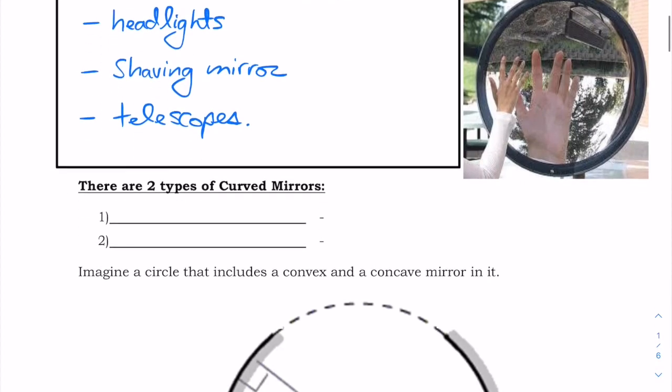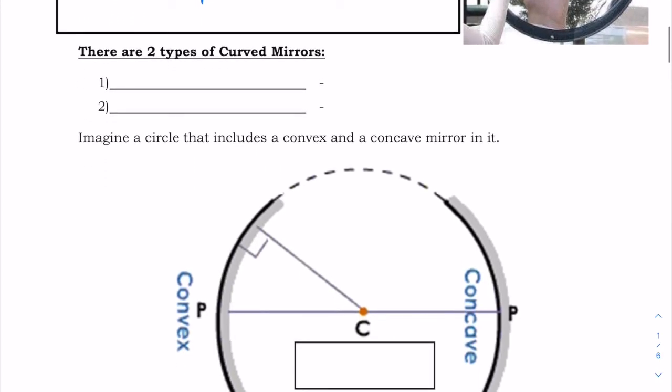So with that being said, this lesson will focus on curved mirrors, and generally speaking, there are two types of curved mirrors. The first are what are known as concave mirrors. Concave mirrors look like this.